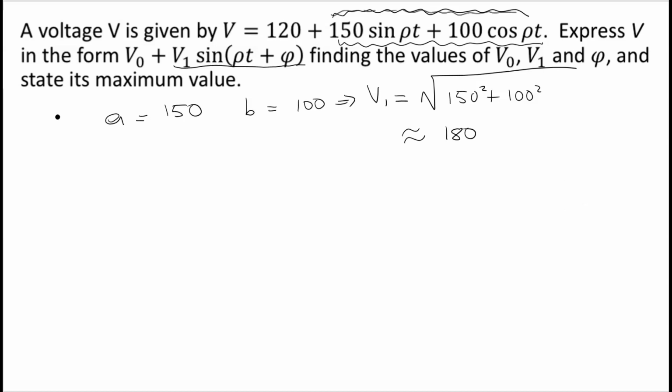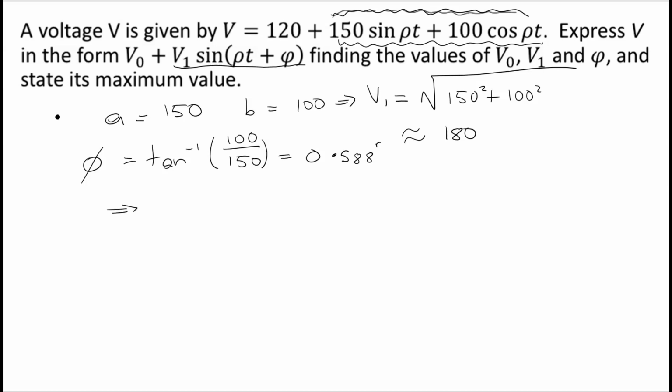Then we can find, now this time it's not alpha, it's called phi, but that's just its name, it's nothing different. It's going to be the inverse tan of a over b, which would be 100 over 150, and using your calculator set in radians it would be 0.588 radians.